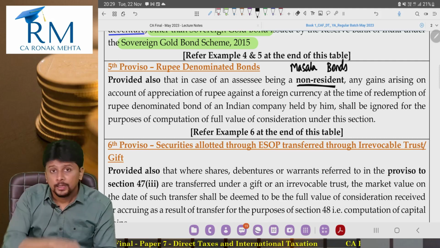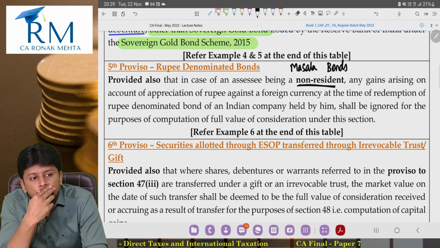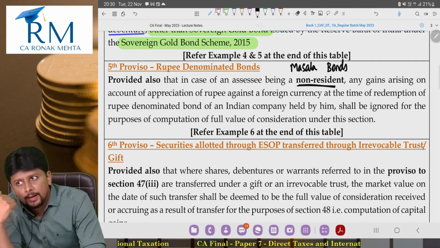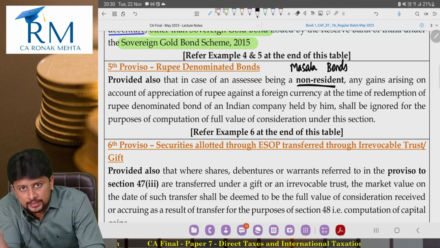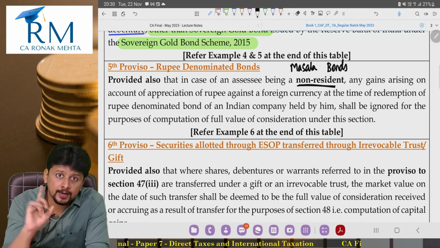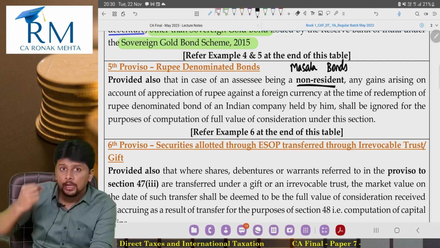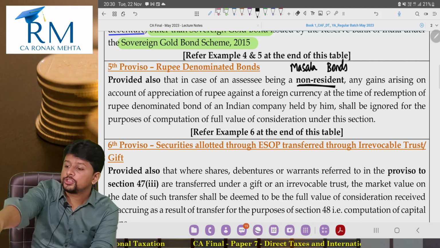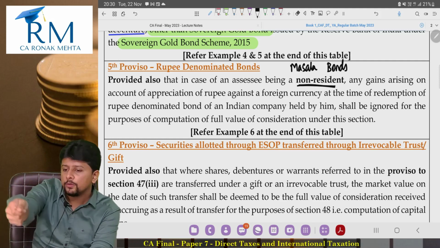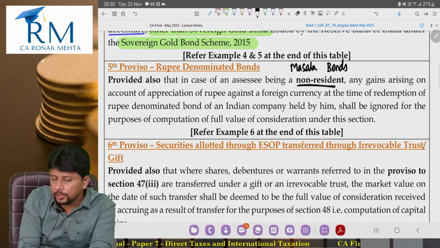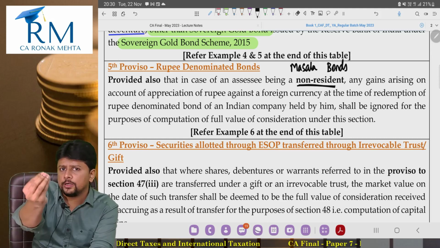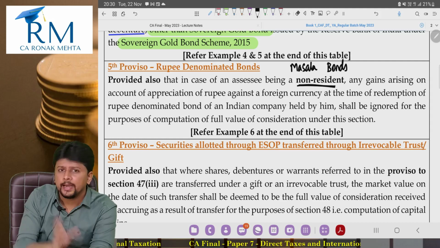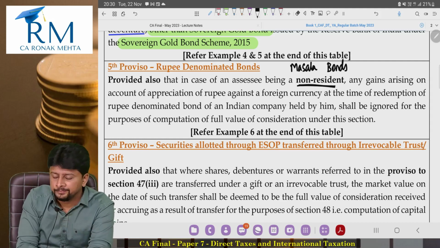Now, the general trend was that, as compared to most foreign currencies, the rupee always depreciates. So when I purchased this rupee denominated bond as a non-resident, the exchange rate was 65 at the time of purchase, assuming the US dollar, for example.